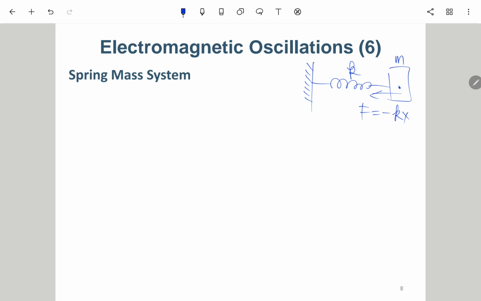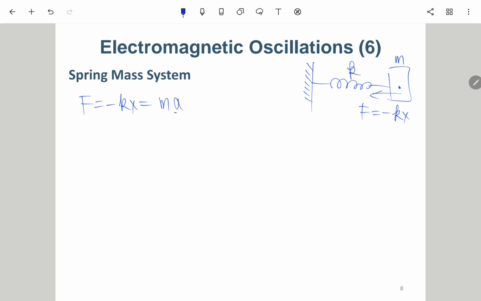So here we have F equals negative kx equals ma, which is Newton's second law of motion.